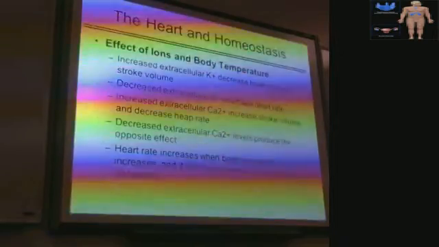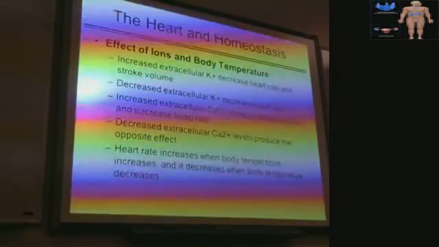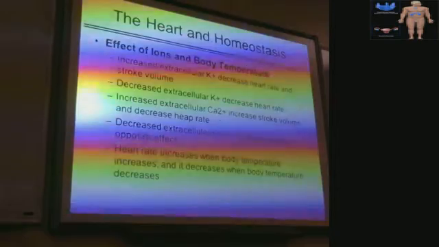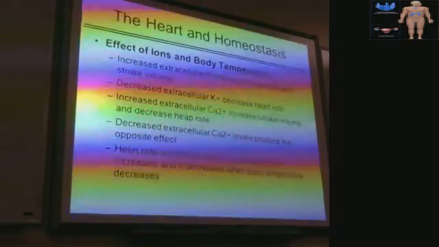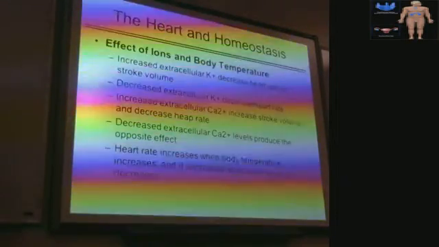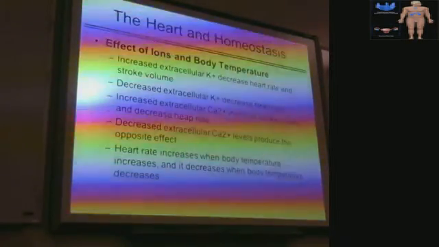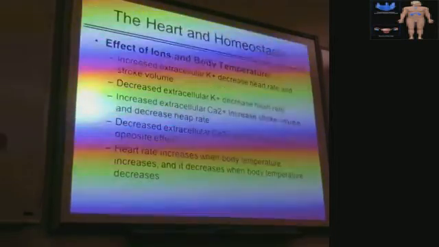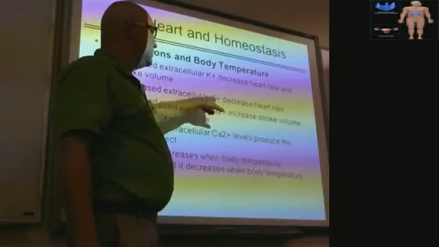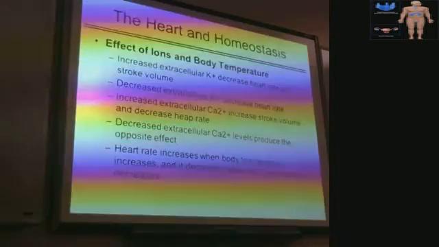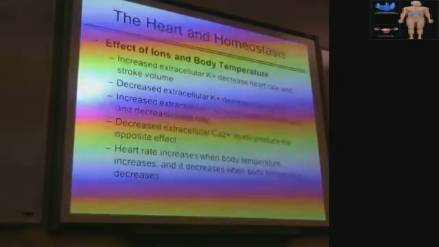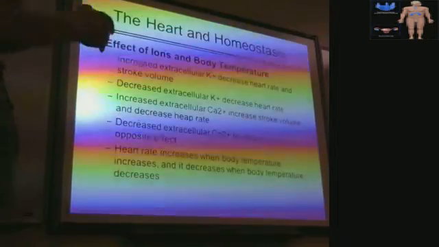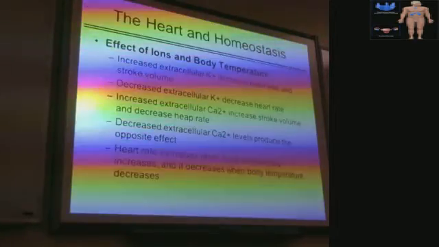Okay, effects of ions and the body temperature. Increased extracellular potassium will decrease the heart rate and stroke volume. Decreased extracellular potassium decreases heart rate. If there's less potassium outside of that cell, it will slow down the heart rate because there's a membrane potential that has to happen, because potassium has to get pumped out.